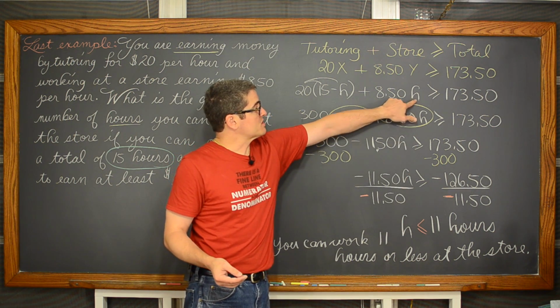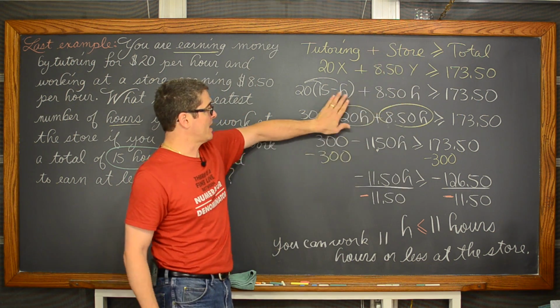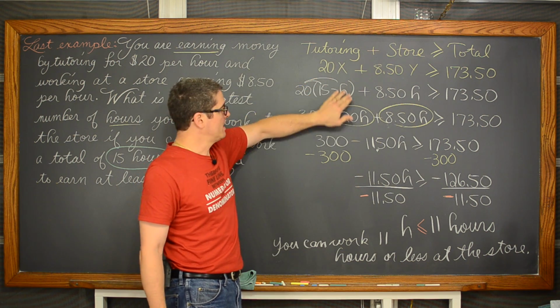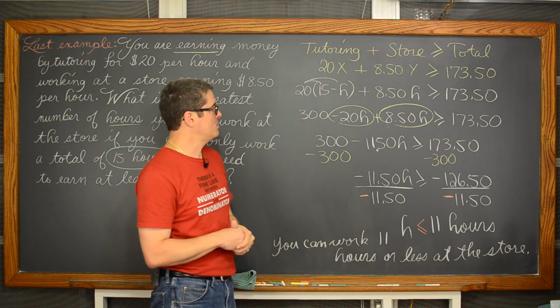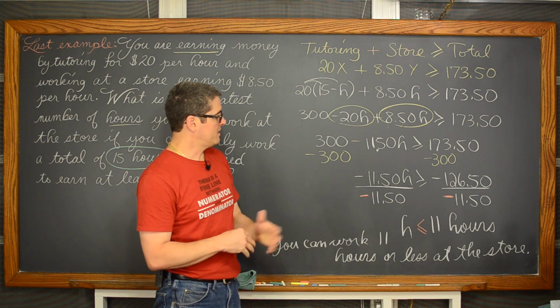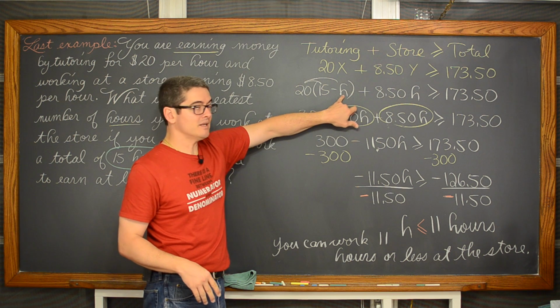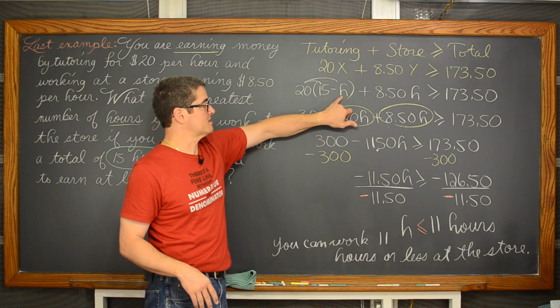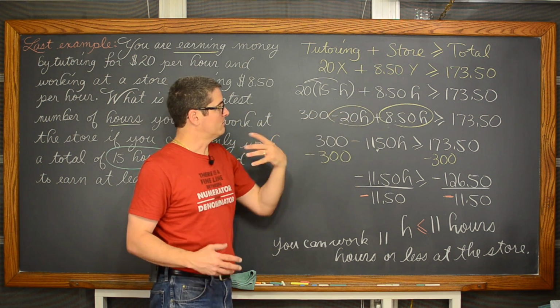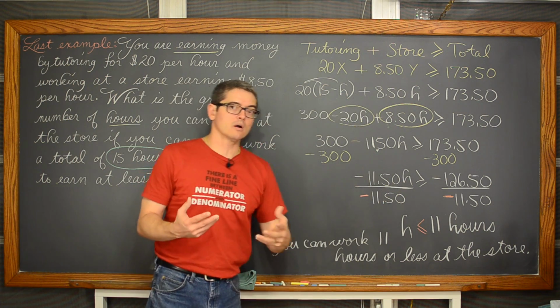Now, we had an expression for the number of store hours, and we had an expression for the number of tutoring hours. If I wanted to know how many hours you could tutor, I would need to do some kind of manipulation with the fact that tutoring is 15 minus h. So 15 minus h is, 15 minus 11 is 4.